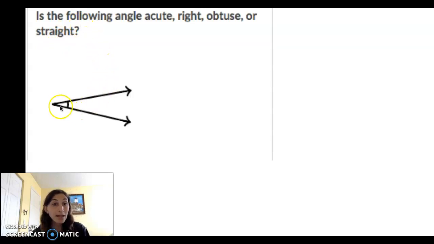Now by looking at this, I can see that there's no box, so I immediately know that it is not a right angle. I can see that it's a little smaller than a right angle, so in that case, this would be considered an acute angle. It is not an obtuse angle because it is not larger than 90 degrees, and it is not a straight angle because it does not form a straight line.